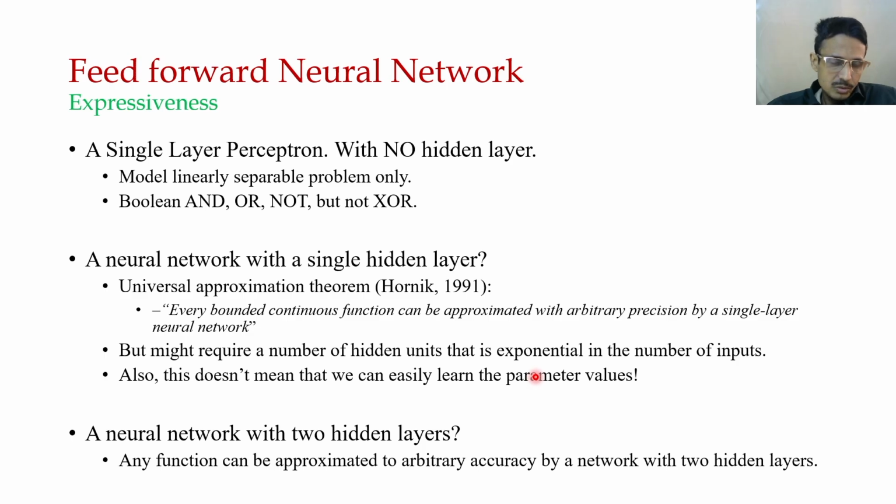But theoretically it is possible. And a neural network with two hidden layers is also a universal approximator: any function can be approximated with arbitrary accuracy by a network with two hidden layers. We already said this is theoretically true, but these two issues remain: how many neurons in the layers, and convergence that we cannot ensure.